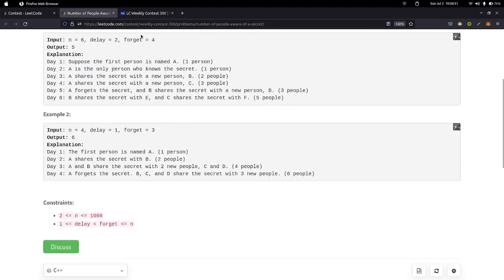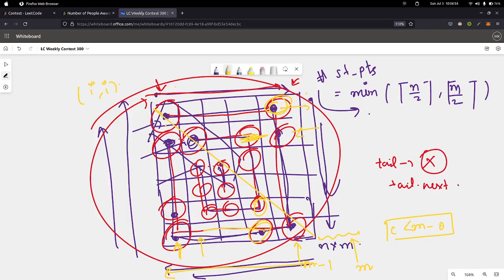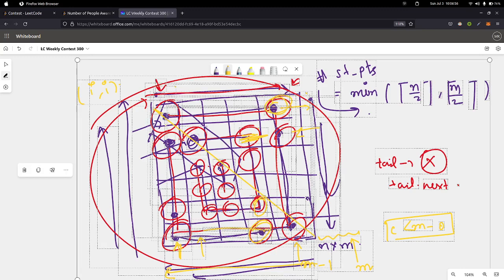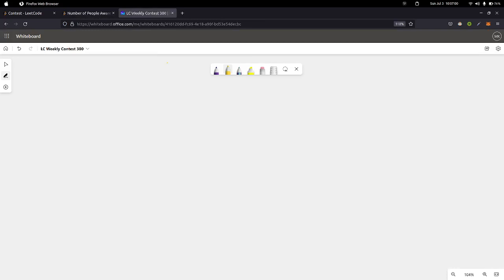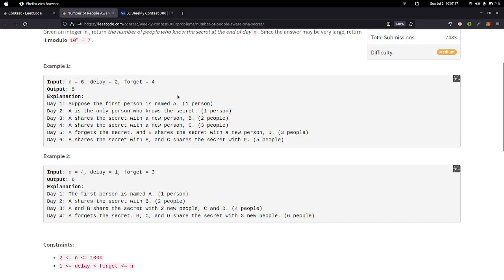Yeah, let's see how this happens for the first case, right? After seeing this first case, the solution was very obvious. So yeah, let's see the first case. Basically, when I was solving, I drew a table for this question. So the table was like this, and in the problem itself, we can see that we have up to 6 people.